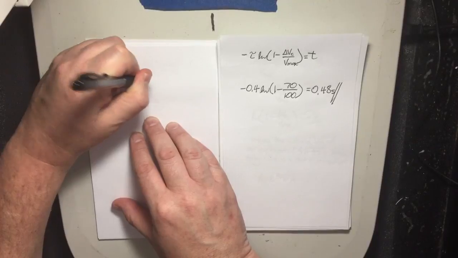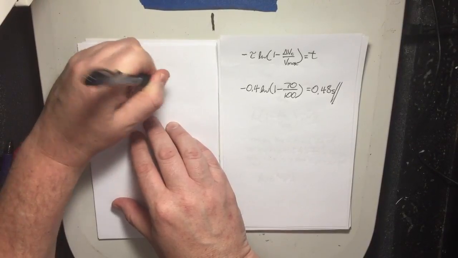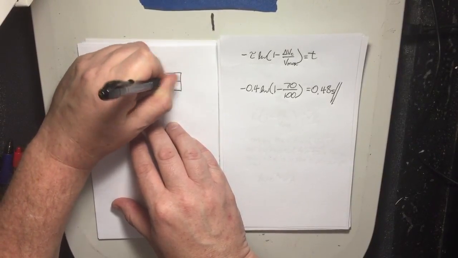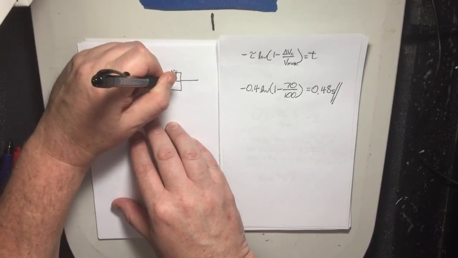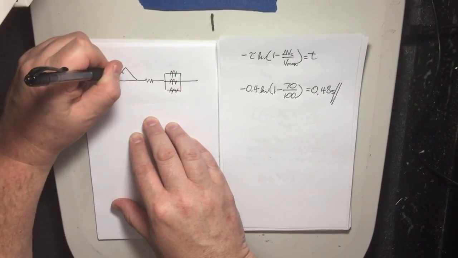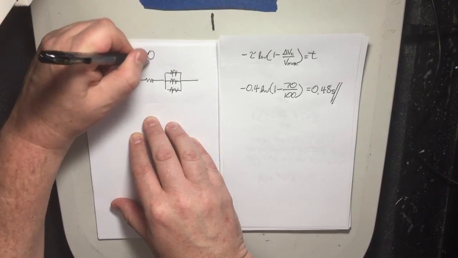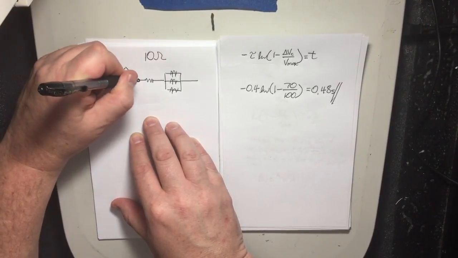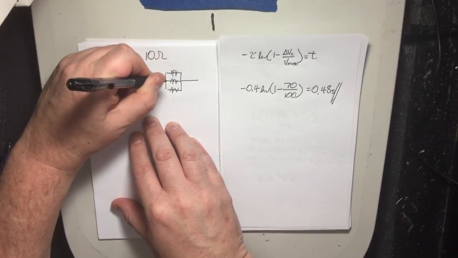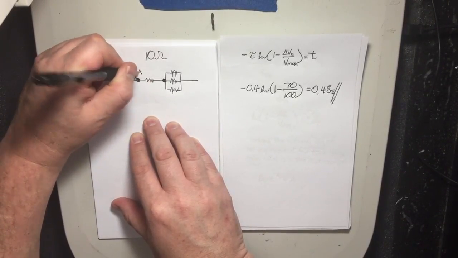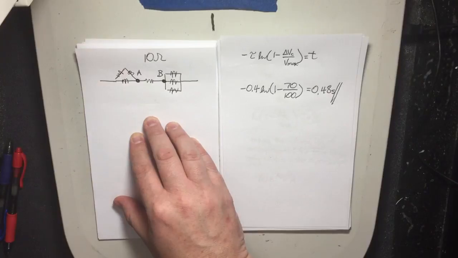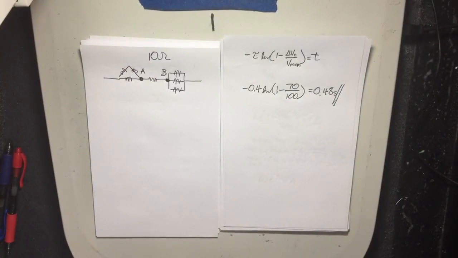I won't do this problem as is in the problem set, but I'm just going to say all the resistors here are 10 ohms, and the goal of this particular problem is, give me the potential at A and at B, and do it in the quick and dirty way.